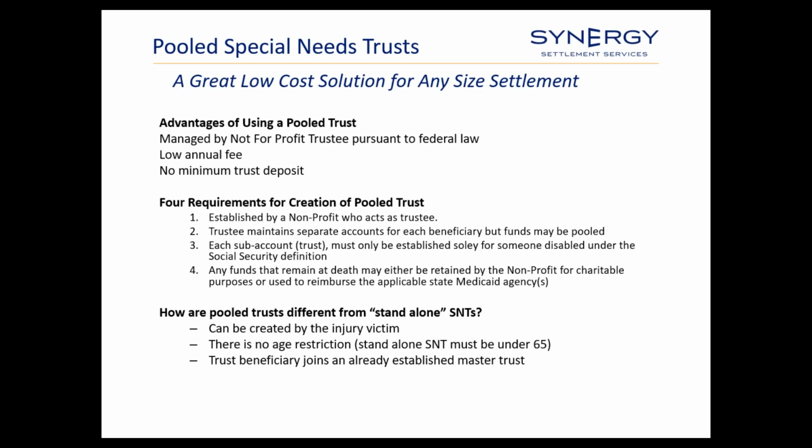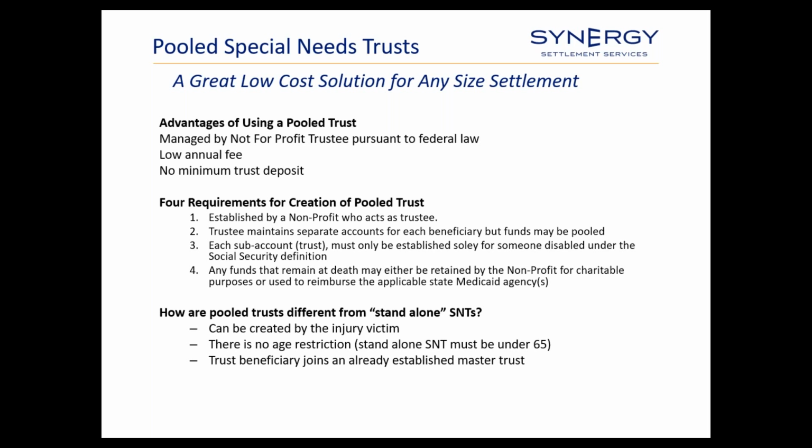So even though they join an existing trust, these sub-accounts are treated as directly correlated to that injured victim or disabled person. Any funds that remain at death may either be retained by the nonprofit for charitable purposes or used to reimburse the applicable state Medicaid programs. And then any remaining funds could be distributed back to the beneficiary based on how that pooled trust is set up.